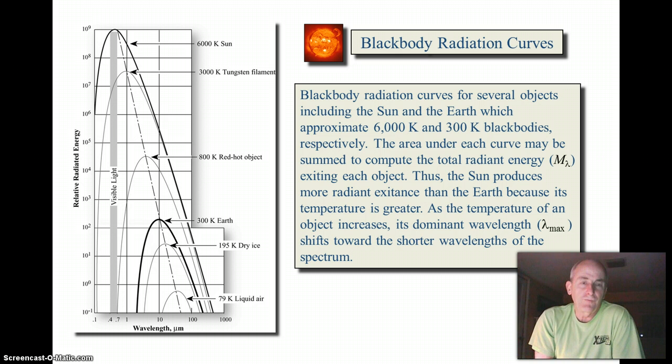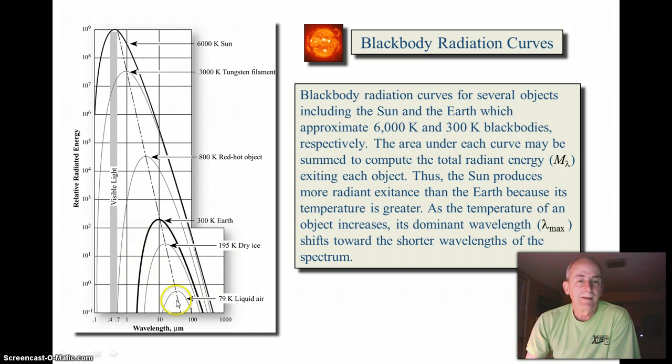We use these Blackbody radiation curves to get a sense for a number of things, certainly where the peak level of energy for a given object at a given temperature would be, at what wavelength. You can see there are several curves shown here: the sun, a tungsten filament, an 800 Kelvin red hot object, and a 300 Kelvin Earth, and then here's dry ice and liquid air.